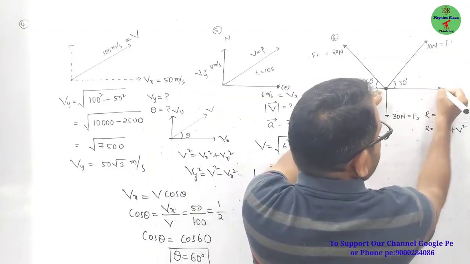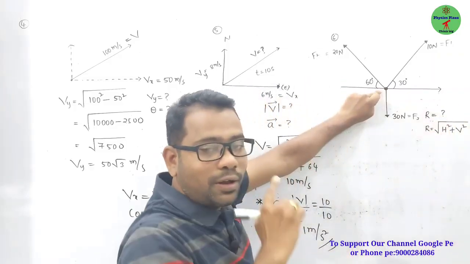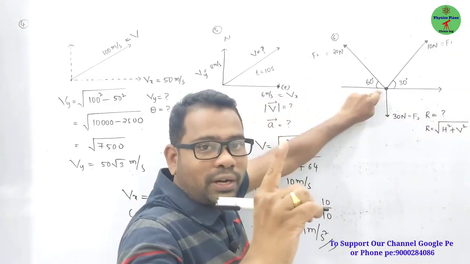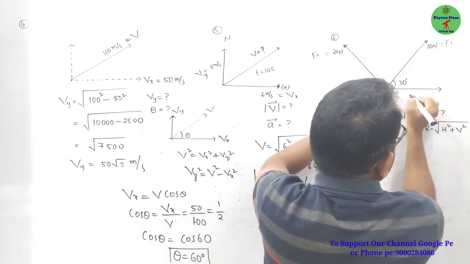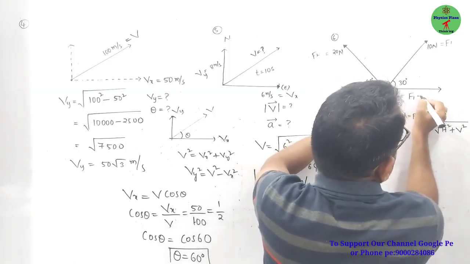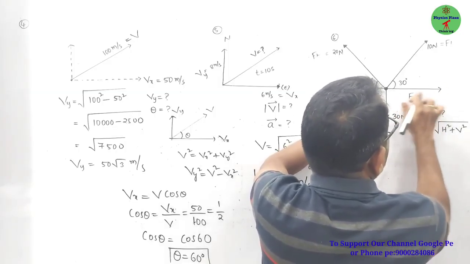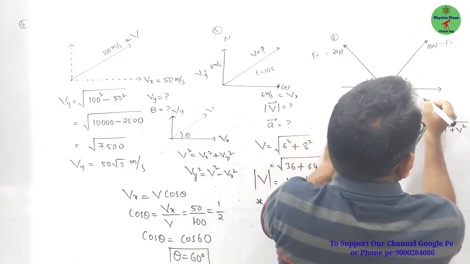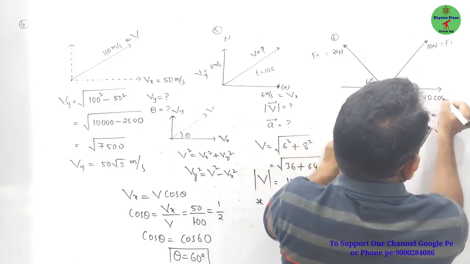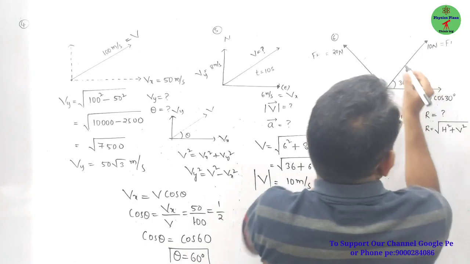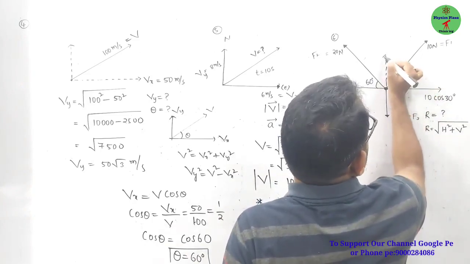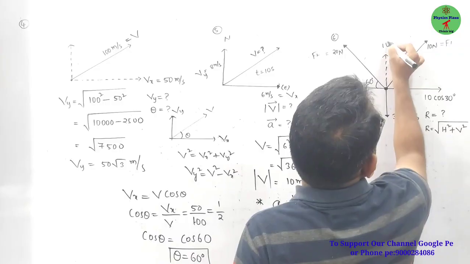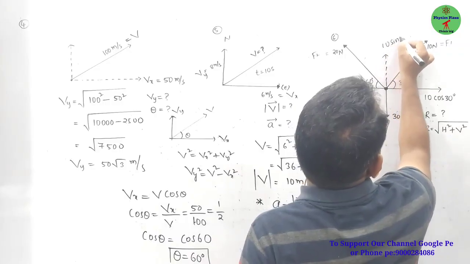So along the horizontal component it is going to be cos theta, so this component is 10 cos 30, and the vertical component is 10 sin 30.